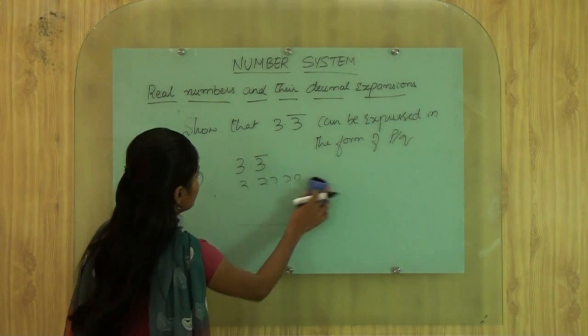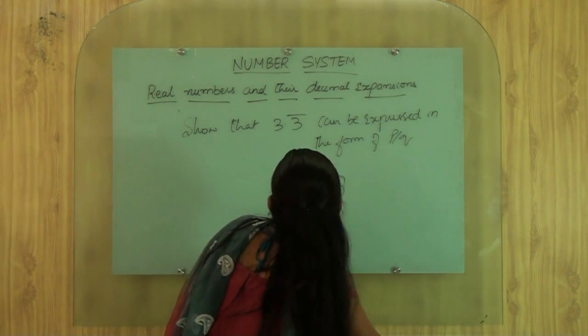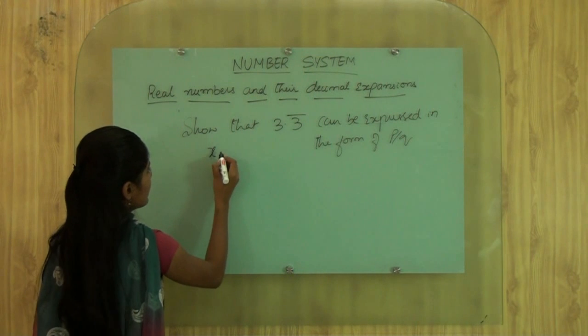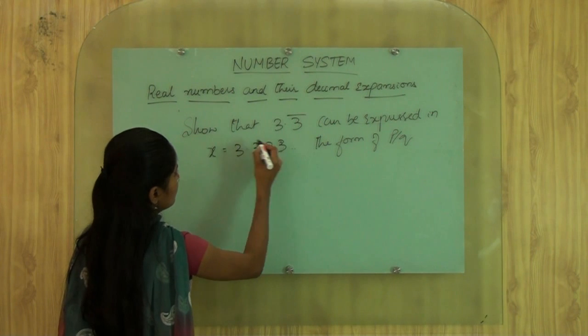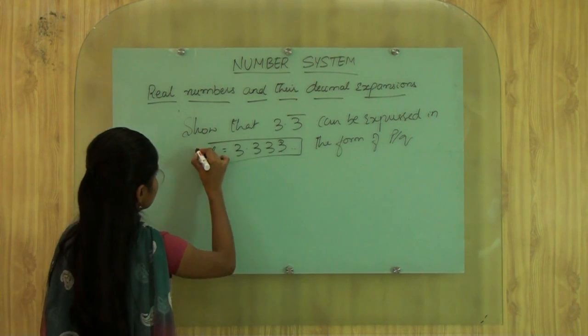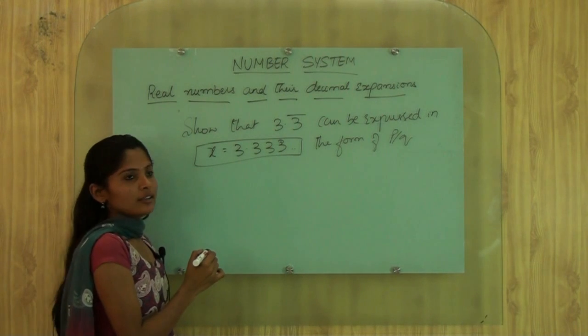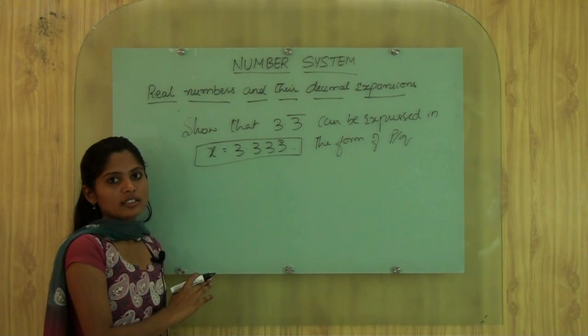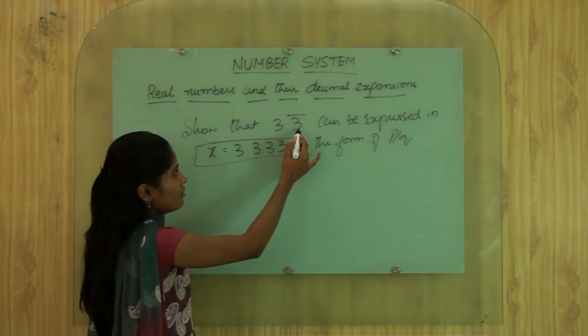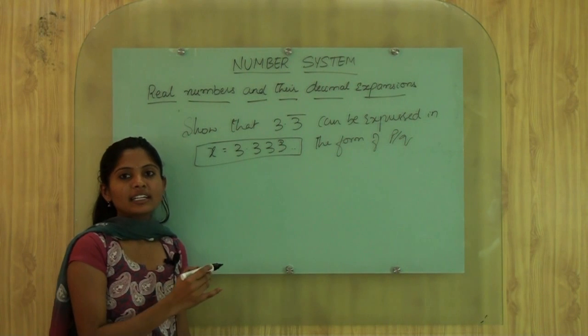Let's solve the problem. Assume x is equal to 3.333 and so on. Then multiply by 10 on both sides. If you have one recurring number here, you take 10.